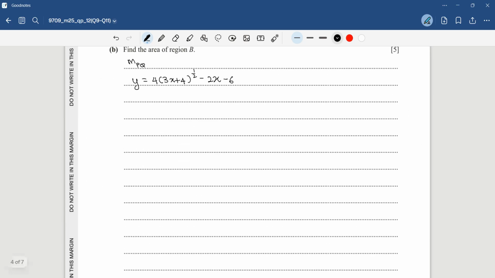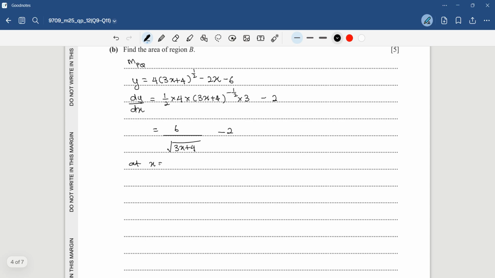Okay. So in order to find the gradient of PQ, we differentiate this equation first. So your dy over dx will be, we bring the 2 in front: 1 over 2 multiplied by 4 multiplied by (3x plus 4) to the power of negative half multiplied by 3, minus, differentiate 2x you get 2, differentiate 6 you get 0. So it's going to be 6 over root of (3x plus 4), minus 2.